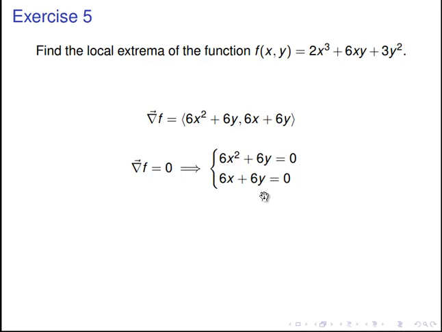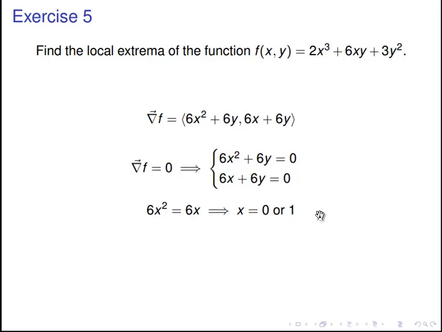So, you see, this 6y appears in both of them, and you're adding it to different things, but you always get 0. So it turns out that this 6x and the 6x squared must be the same. Of course, you can drop the 6's and say that x is equal to x squared. And there's only a couple of numbers that equal their square, particularly x equals 0 and x equals 1.